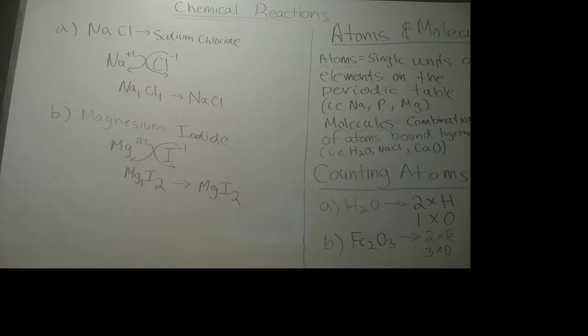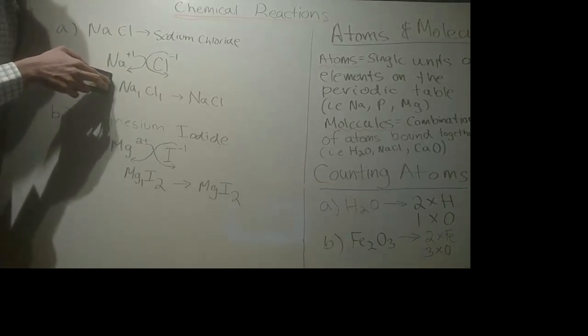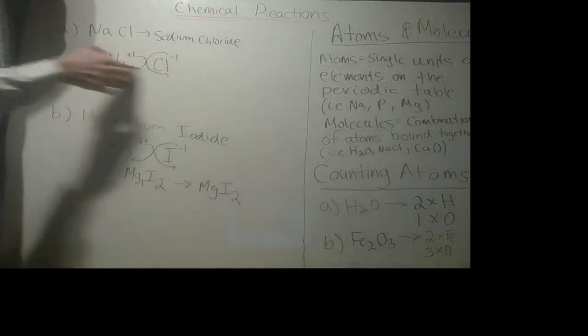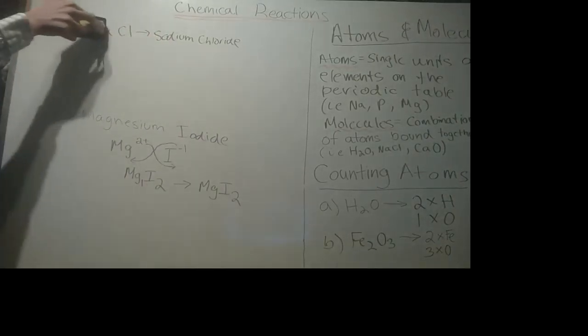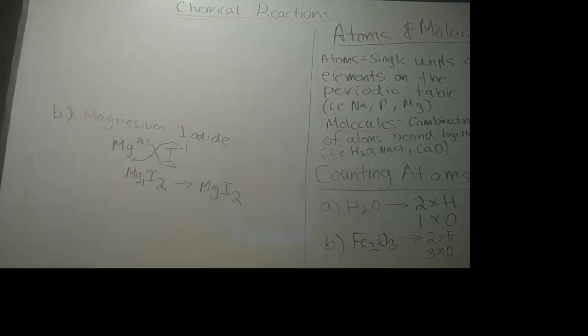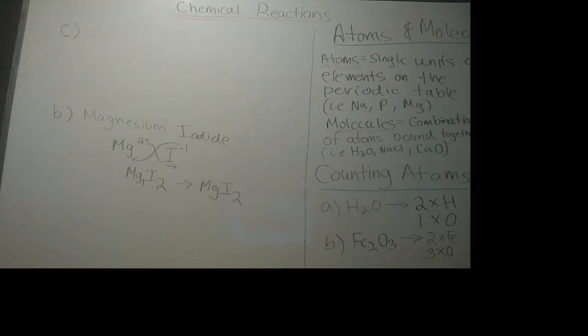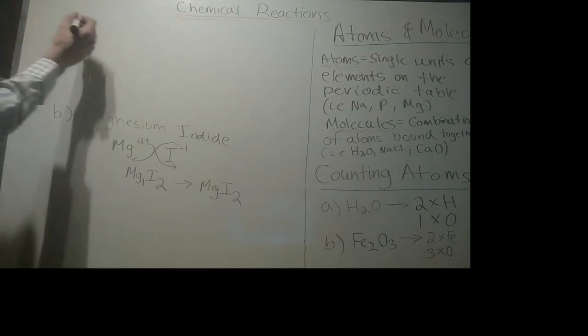Now the last kind of example we should do is one that involves more than 2 elements in a single compound. So for this one, we're going to try something called calcium nitrate.